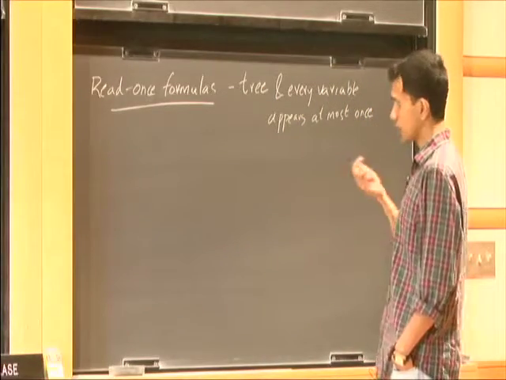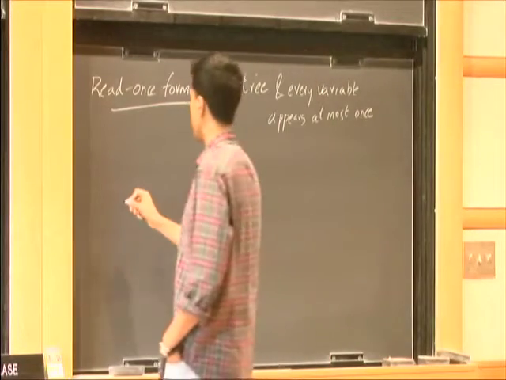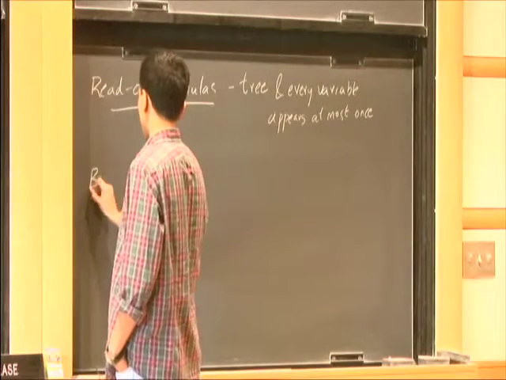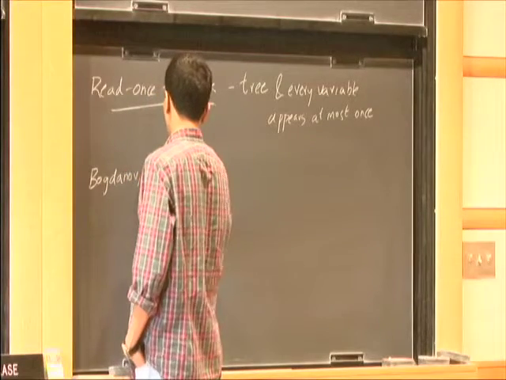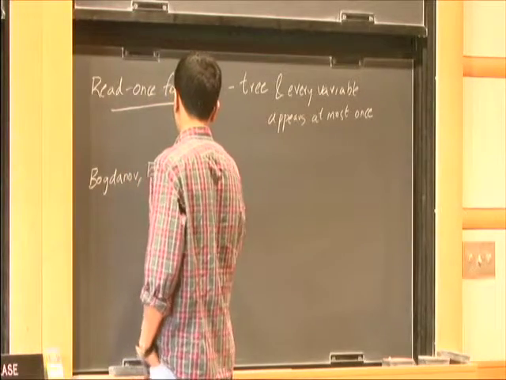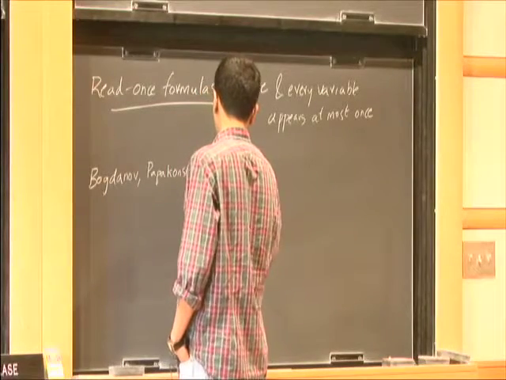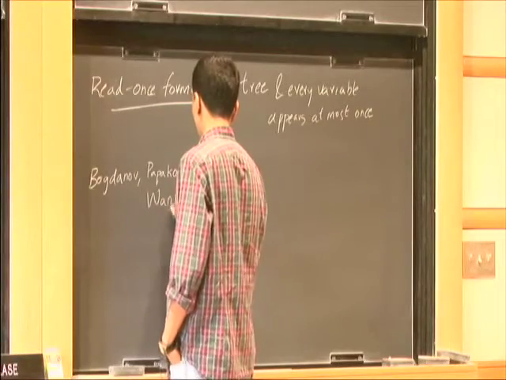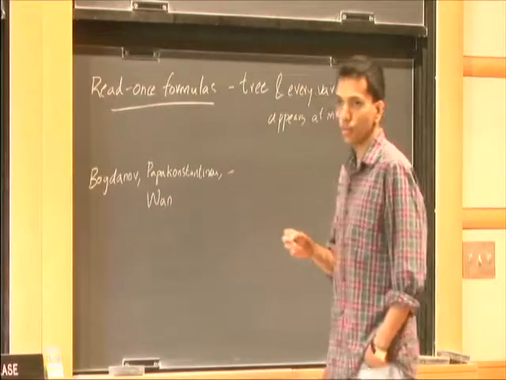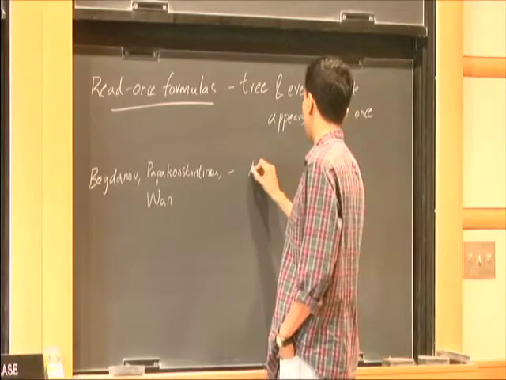It turns out that read once formulas have been looked at in slightly different scenarios. There's a recent work of Bogdanov, Papakonstantinou, and Wan that looks at read once formulas with no restriction on depth, but where you are allowed just AND and OR gates.